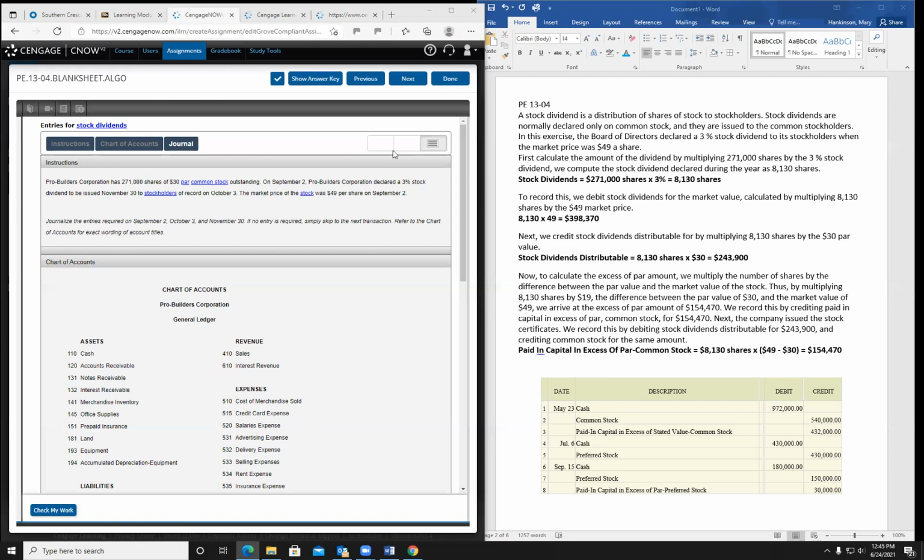What we're basically doing here is, up here, we multiplied to determine the market price of the stock dividend. Here, we're doing it to get the par value of the shares that were distributable.